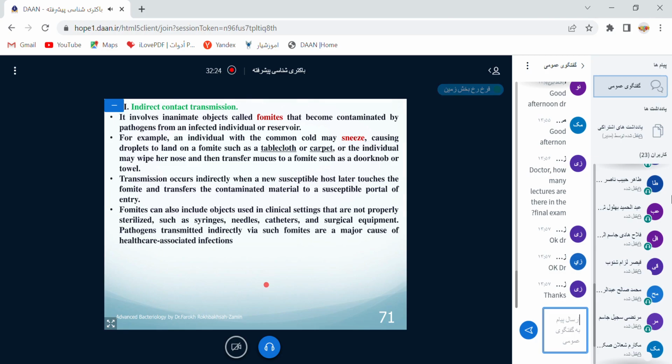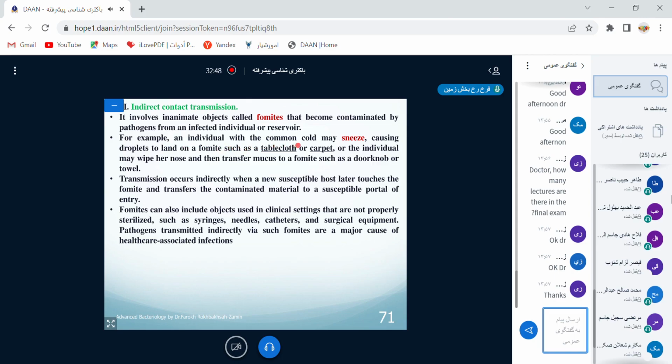Okay, right now we are on page 71. Indirect contact transmission. It involves inanimate objects called fomites that become contaminated by the pathogens from an infected individual or reservoir.